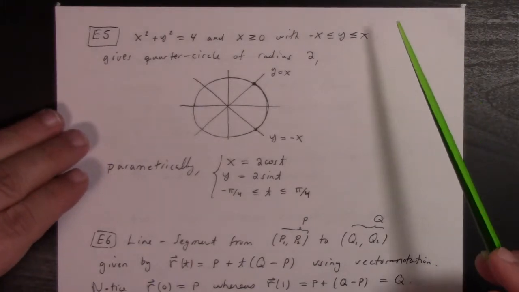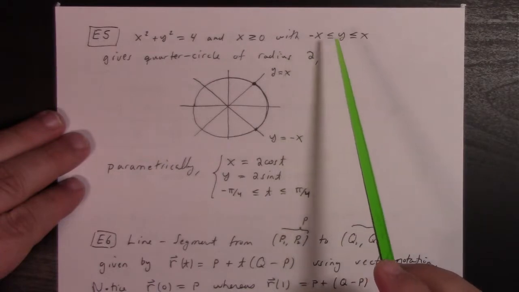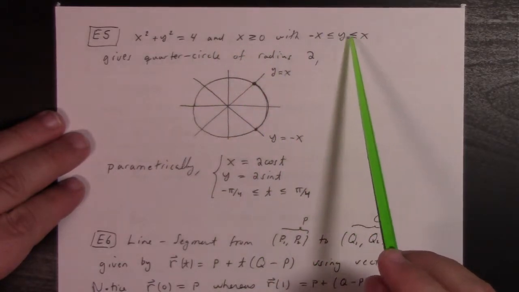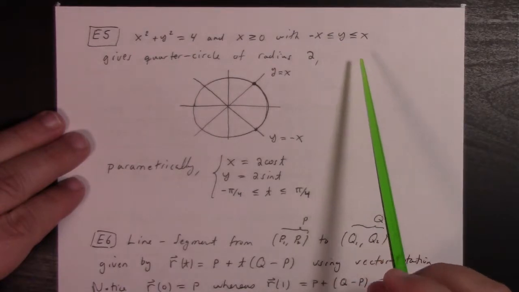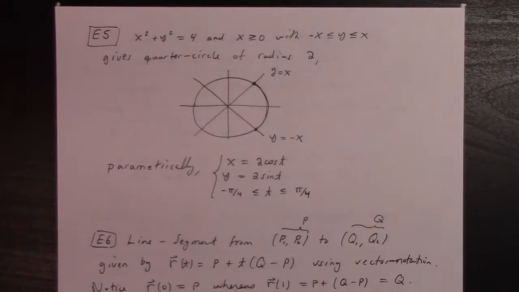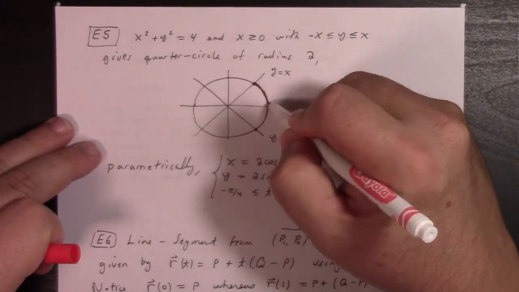Here's a circle of radius 2, and my question is, I'm looking at the quarter circle between y equals x and y equals minus x, all right? And with x positive. So that, if you think about it for a little bit, focuses you in on this piece right here, right?